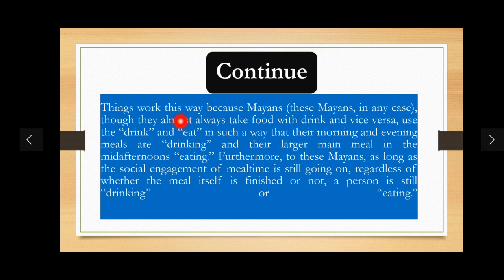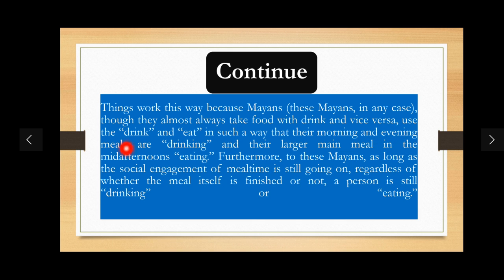Things work this way because these Mayan almost always take food with drink. So when they take food, they also drink, and when they drink, they also take food. This is very much common in Mayan culture.